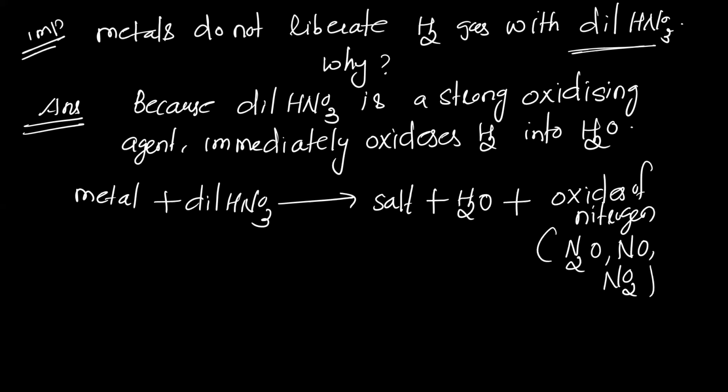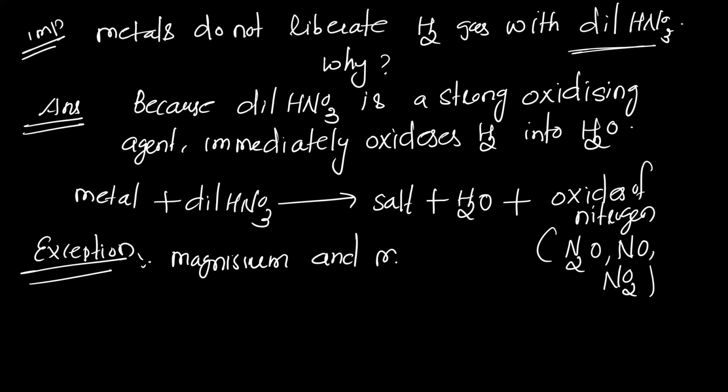Very important concept. Here, one exception is there. There are two metals which have the ability to produce hydrogen gas even with dilute HNO3. Very important. The two metals are magnesium and manganese, Mg and Mn.